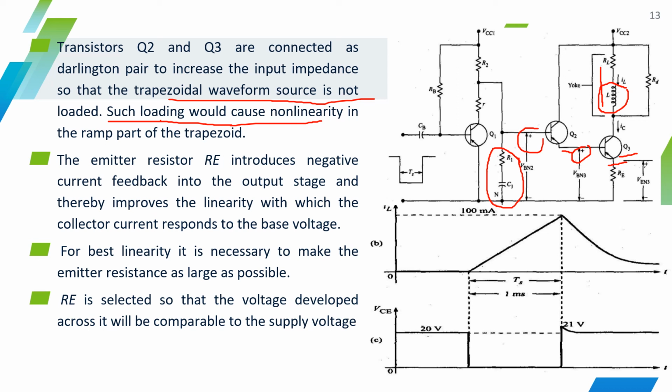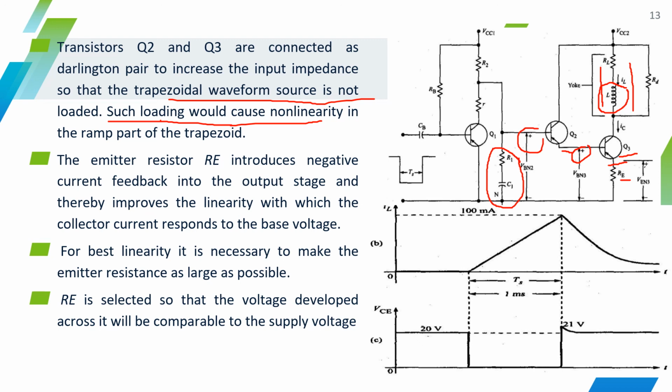Also, one more important point: the emitter resistance RE introduces negative current feedback into the output stage, and thereby it increases the linearity. If linearity increases, a linear current flows through the inductor. Whenever a linear constant current flows through the inductor, the current increases linearly with respect to time.